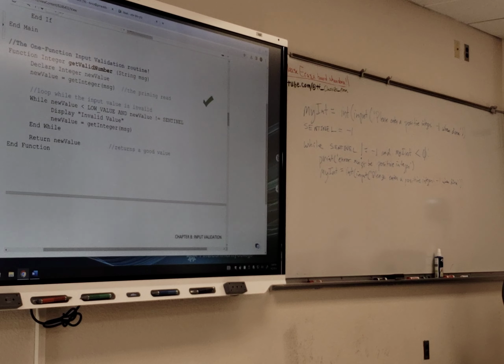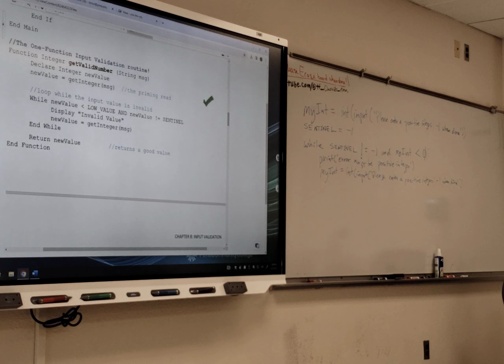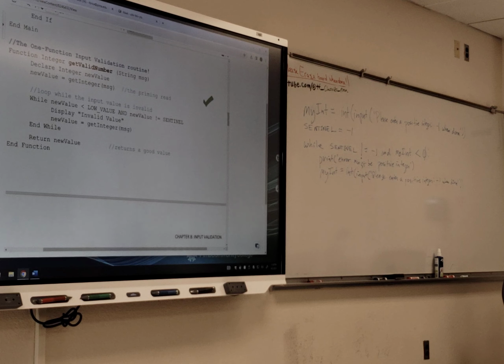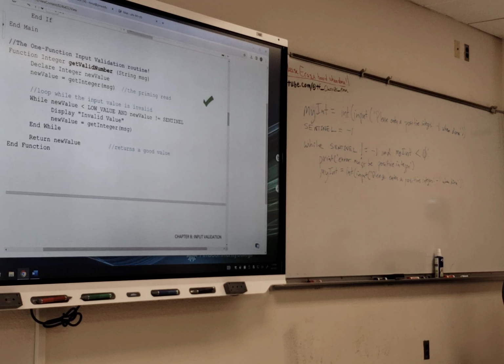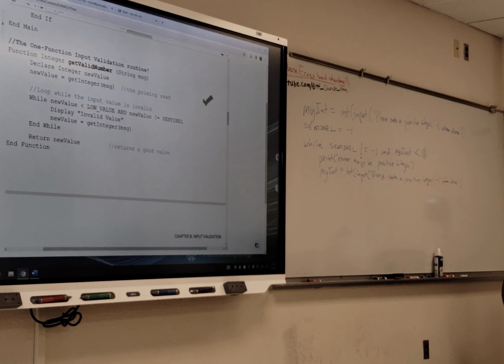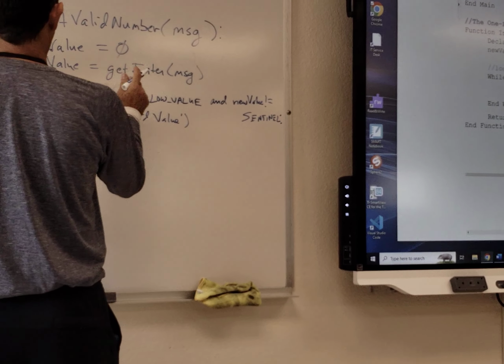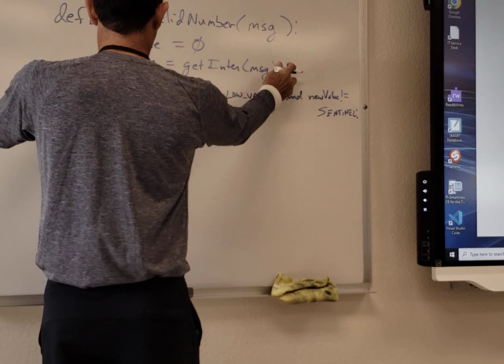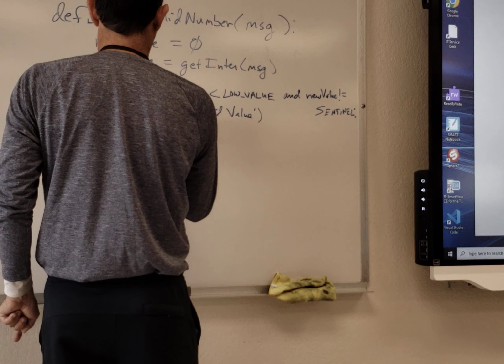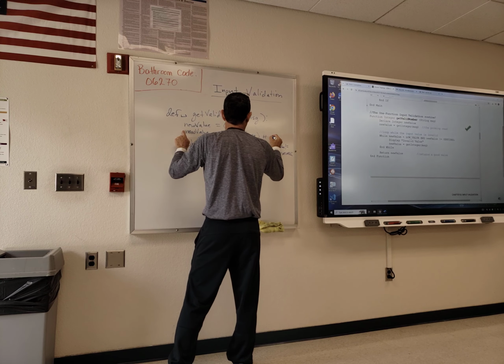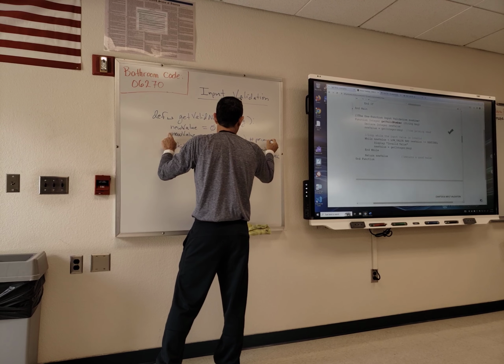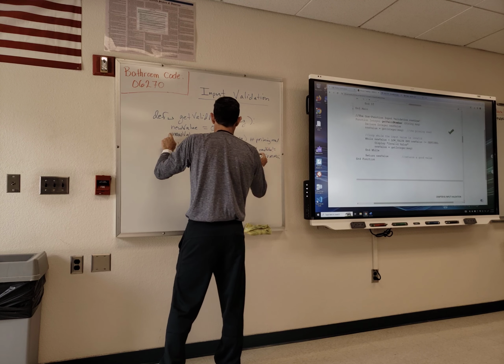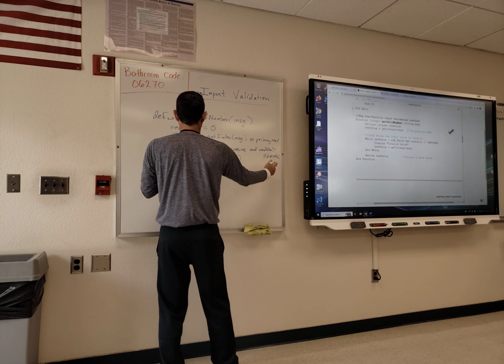So while this is bad, then we're just gonna say display, and so we're gonna say print, and it says invalid value. So we'll just say invalid value. And then we're just gonna redo what we had right here, new value. This is our priming read. And then we're just gonna move this line down inside the while loop.